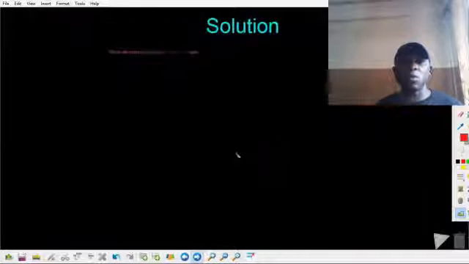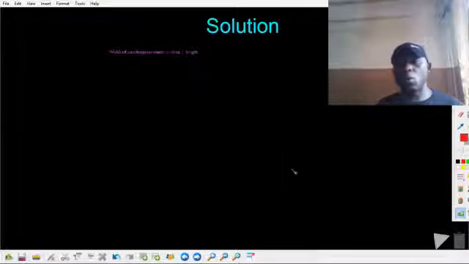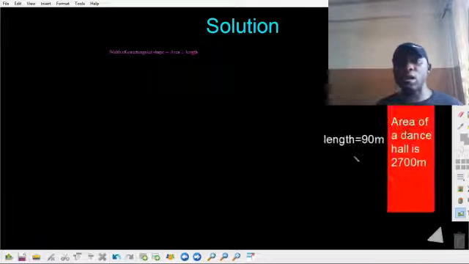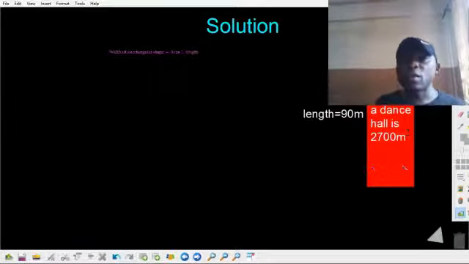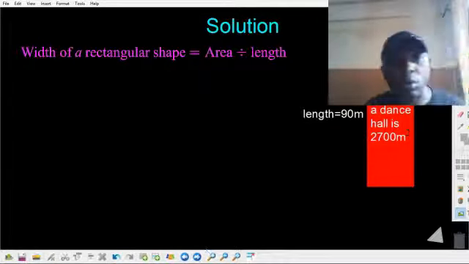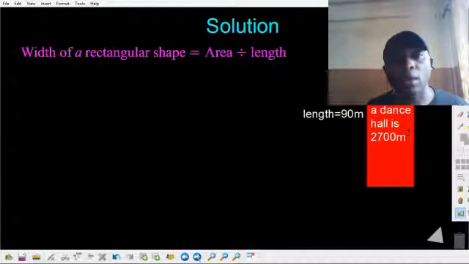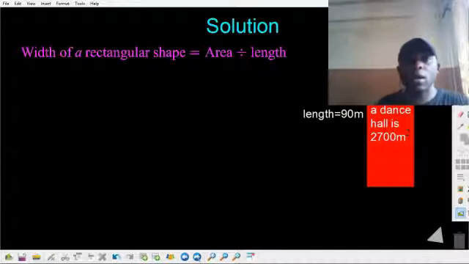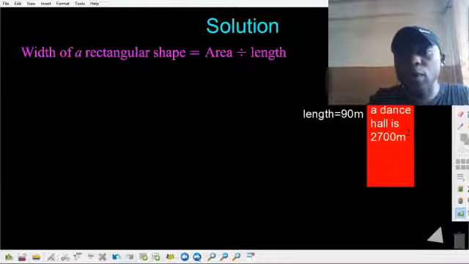Another word for width is also known as breadth, right? So now we are looking for the breadth, and we all know that the width of a rectangle is equal to area divided by length.